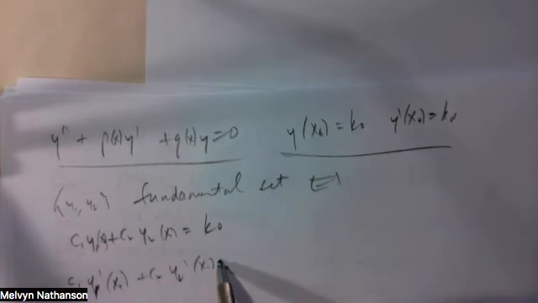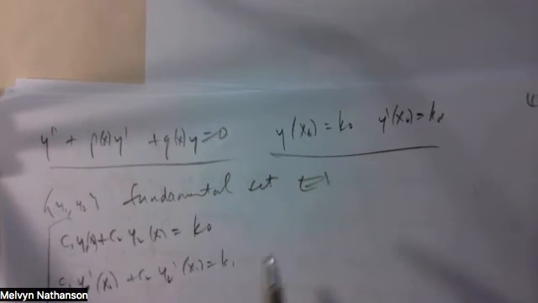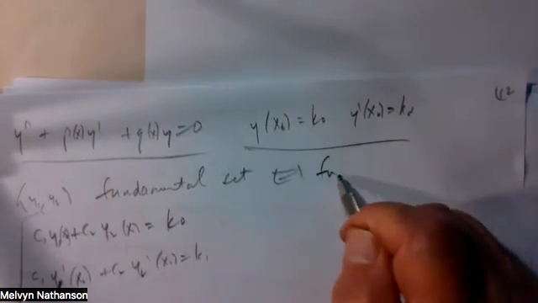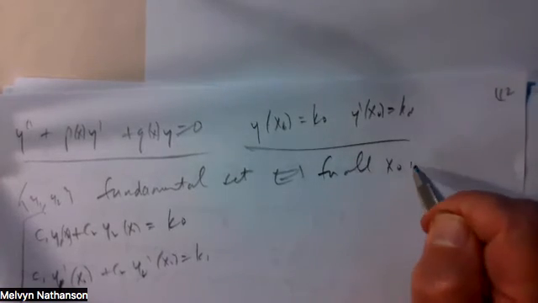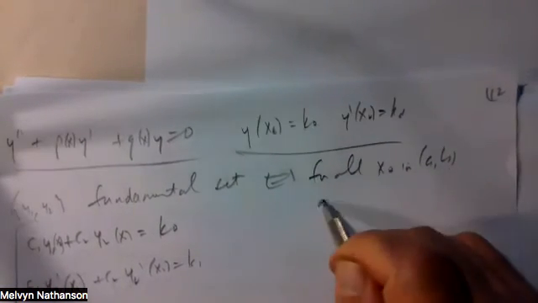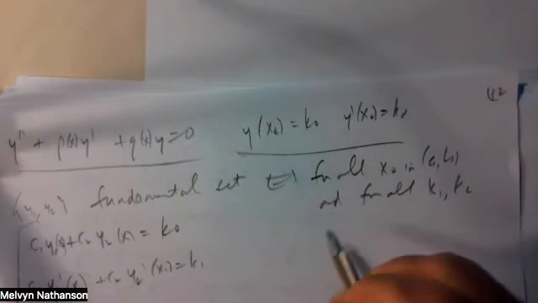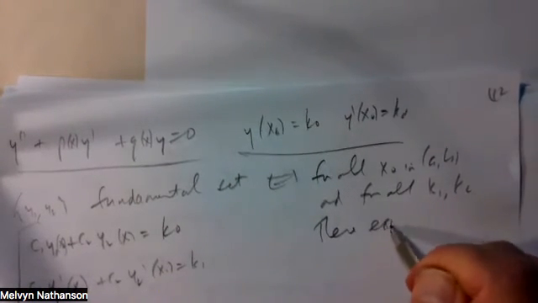And when you differentiate, C1 Y1 prime of X naught plus C2 Y2 prime of X naught equals K1. So you have a fundamental set of solutions if and only if for all X naught in the interval from A to B, and for all numbers K1 and K2, you can solve these equations. There exist C1 and C2 that satisfy these two equations.